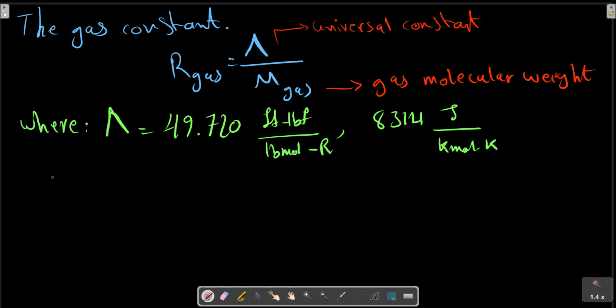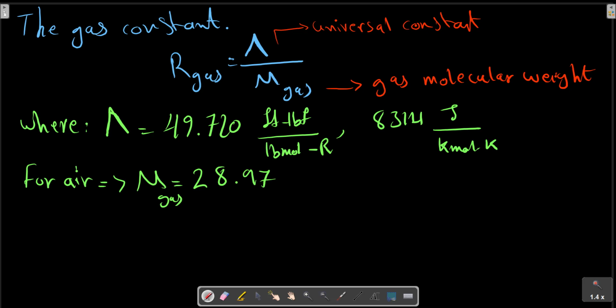And for air, as we know, the molecular weight is given, and we shall adopt the following property values of air throughout this chapter.